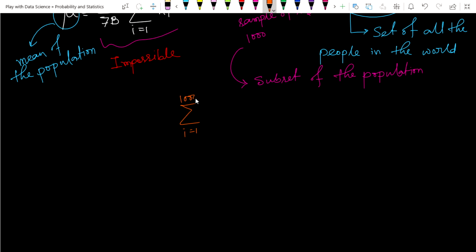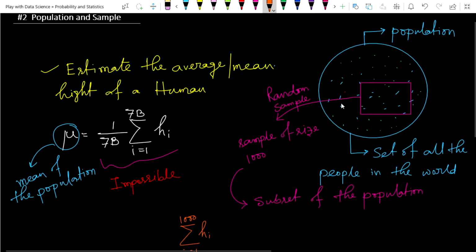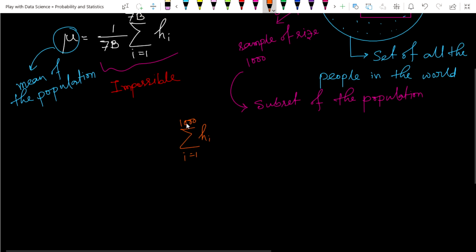First we have to find the individual height of the population, that is, i equals 1 to 1000.